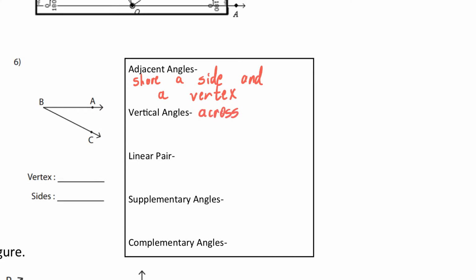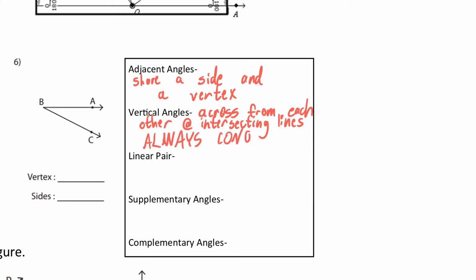We'll talk about that in a second, but they're across from each other at intersecting lines. And what's the other main thing we know about vertical angles? They are always congruent.